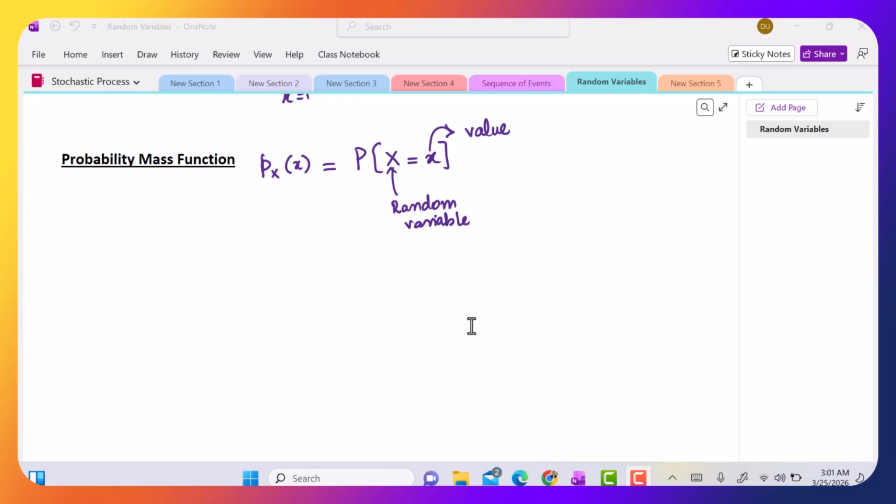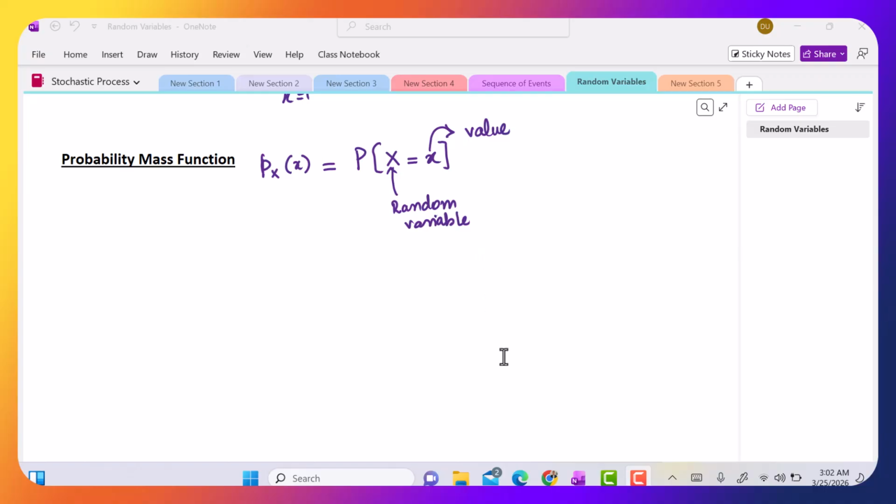The probability mass function is the probability that a random variable X is going to take on a given value small x. So it's just the values of the probabilities over some given values, and then we combine them to form a function called the probability mass function.